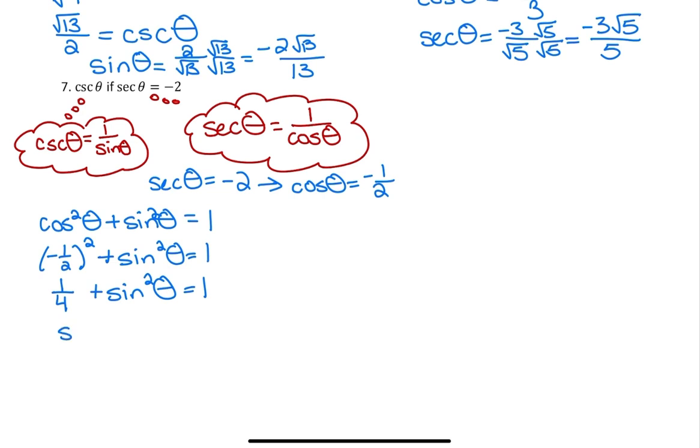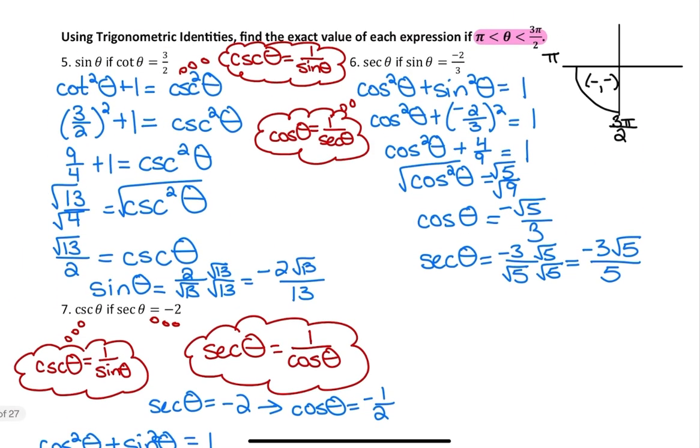Subtract 1/4 from both sides so that sine squared theta is equal to positive 3 over 4. Square root both sides, and sine of theta is equal to the square root of 3 over the square root of 4, which is 2. And remember, in the current quadrant that they've asked us to find, our sine is going to be negative.